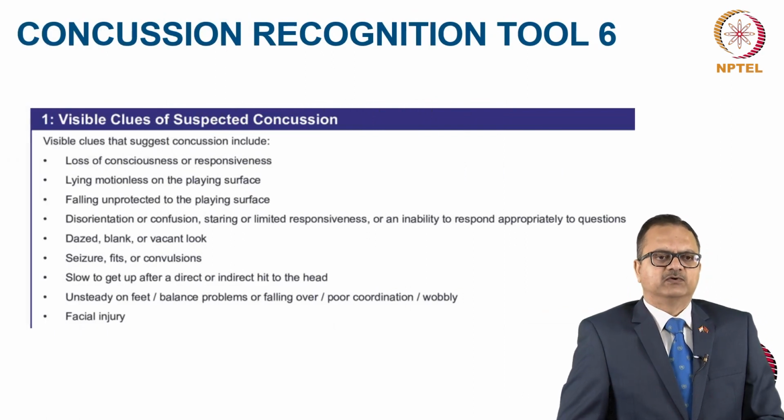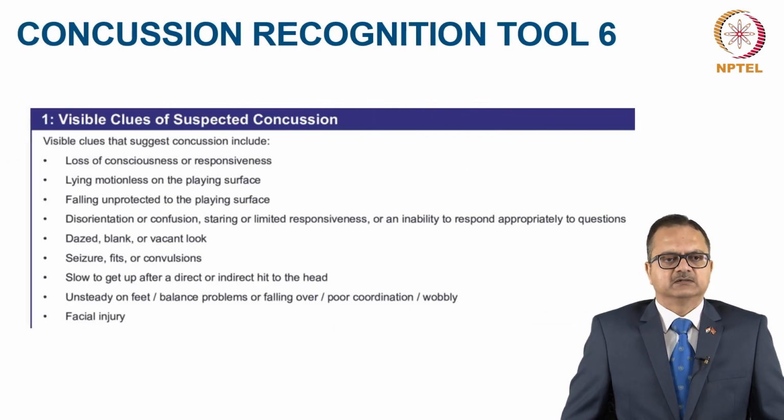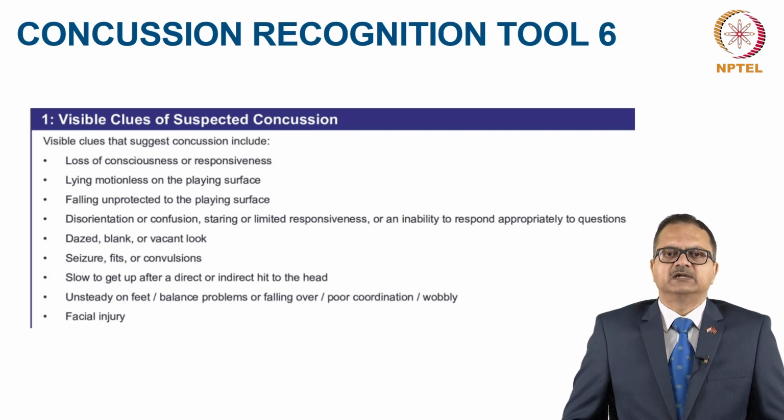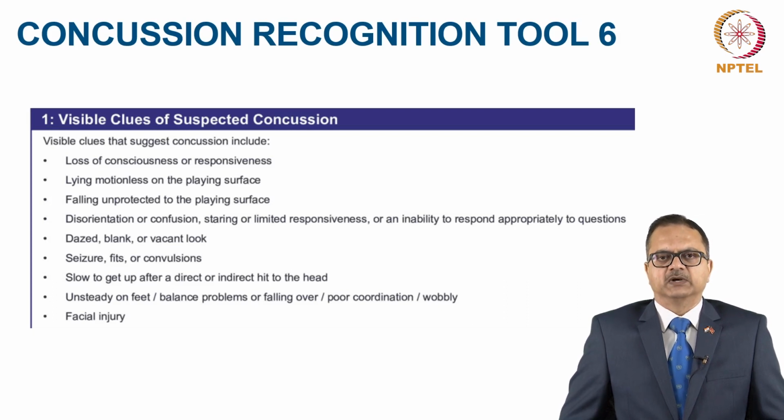Next, you will look for visible clues of suspected concussion. They are loss of consciousness or responsiveness, lying motionless on the playing surface, falling unprotected to the playing surface, disorientation, confusion, staring or limited responsiveness, or an inability to respond appropriately to questions. Dazed, blank or vacant look.